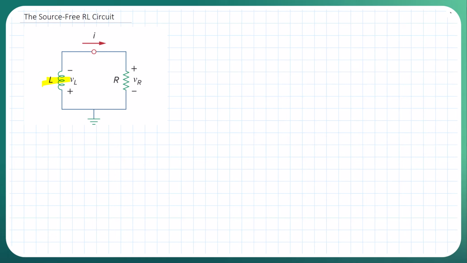So since we are interested in the current through the inductor, we know that since the current cannot change instantaneously, we can determine its value as a function of time. Okay, so let's go ahead and write that down.